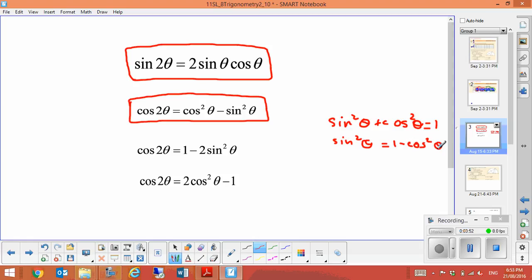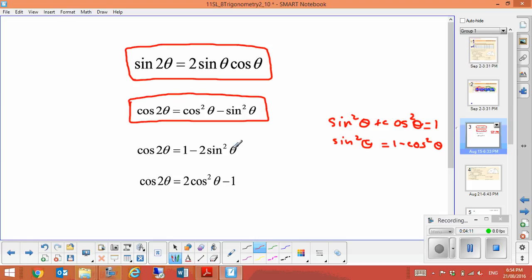So we could substitute that into here and we end up with cos squared theta minus 1 minus cos squared theta, which makes a plus cos squared theta. So that then gives us this relationship, 2 cos squared theta minus 1.